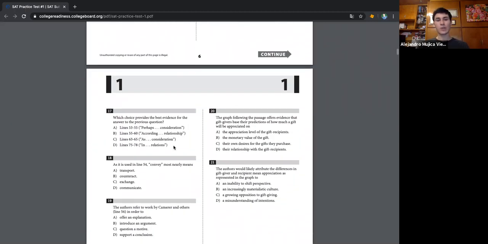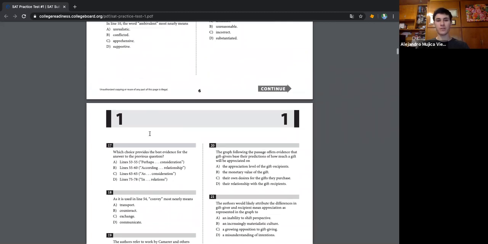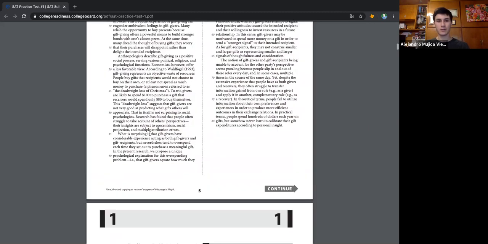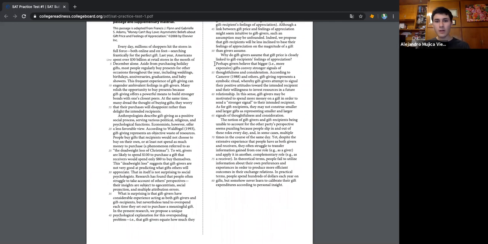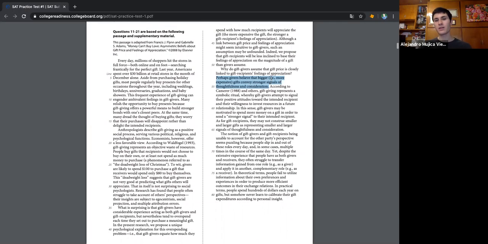17. Which choice? Okay, 53 to 55, perhaps consideration. So this isn't really giving evidence to the answer. It's just reiterating the assumption. This is basically saying the same, like gift givers believe this, and we already knew that.